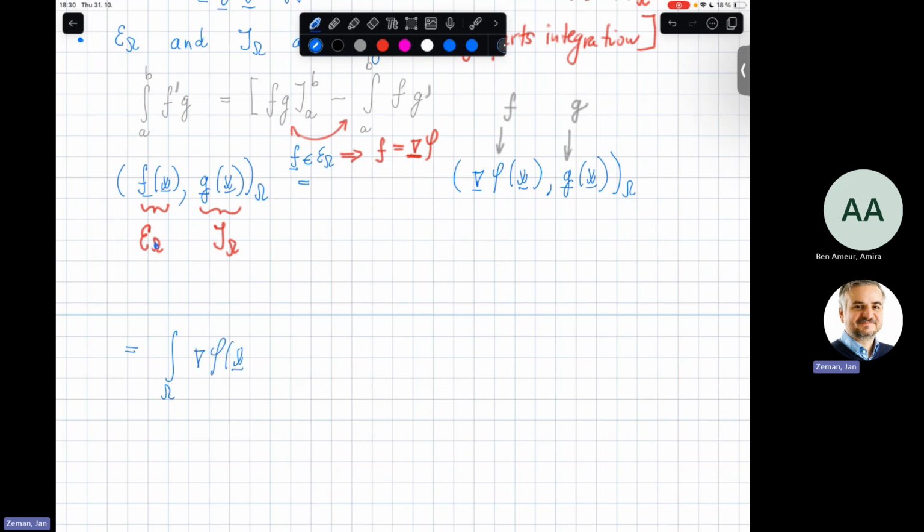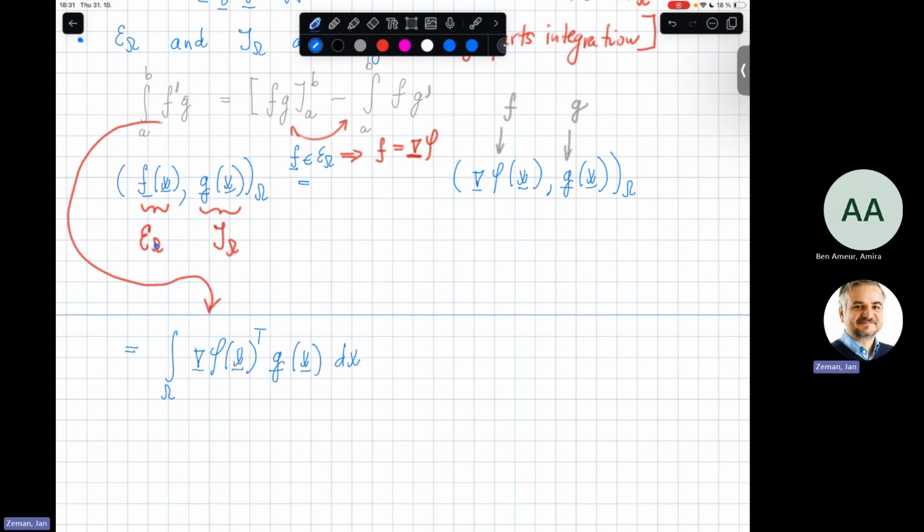Because this is a gradient, this becomes a column vector, so I need to take the inner product, or transpose this, with this vector field g of x dx, right? So this is just this part of the formula written in multiple dimensions.